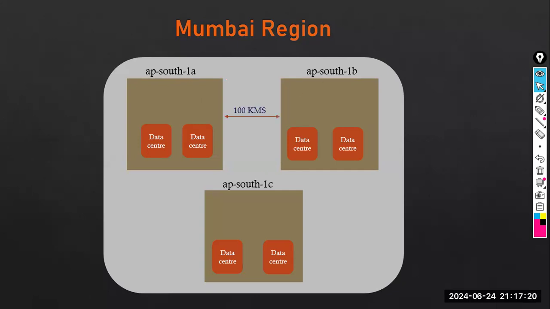And they'll maintain a distance of at least 100 kilometers between 1A and 1B, 100 kilometers between 1A and 1C, and 100 between 1B and 1C. So that even if some natural disaster occurs, it will not happen in all 3 zones. Maybe in one part, if an earthquake or something happened, your applications are still available in another availability zone.